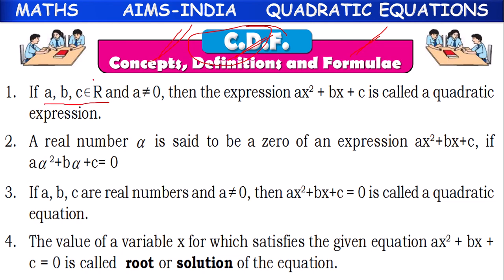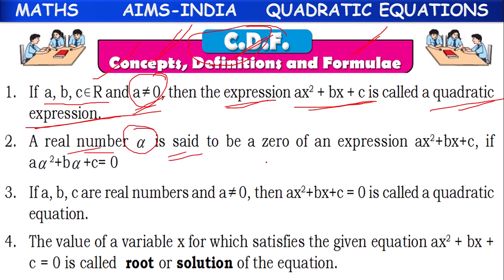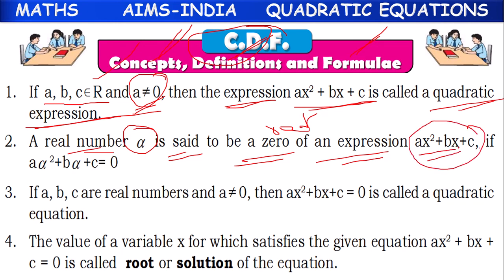If a, b, c belong to R, real numbers, and a is not equal to 0, then the expression ax square plus bx plus c is called a quadratic expression. And a real number alpha is said to be a zero of the expression, or root or solution of the expression ax square plus bx plus c, if in the place of x we keep alpha and it becomes 0.